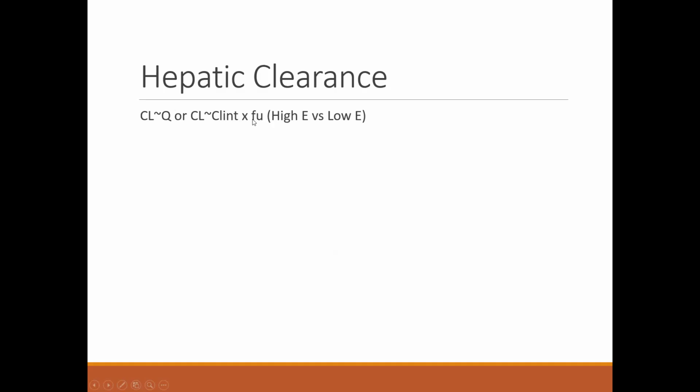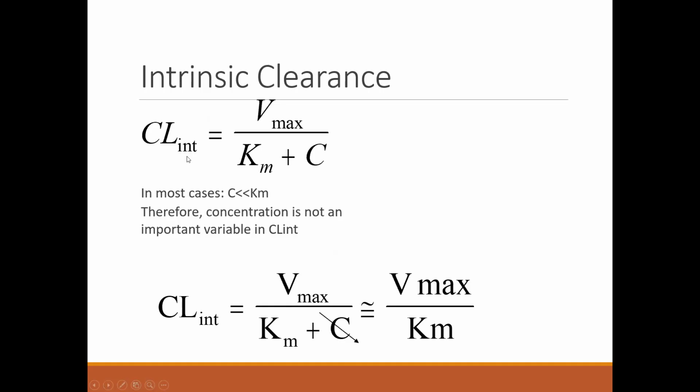And binding to plasma proteins obviously is also a fixed number. Both of these can be overwhelmed and have a nonlinearity. And in fact, in this case, we're going to talk about intrinsic clearance because that is what gets overwhelmed with phenytoin and is the most common source of nonlinearity clinically.